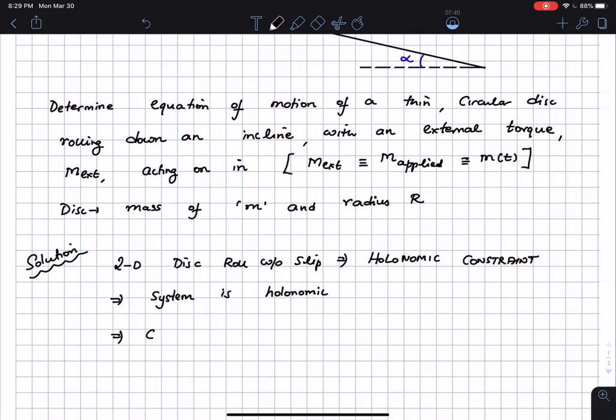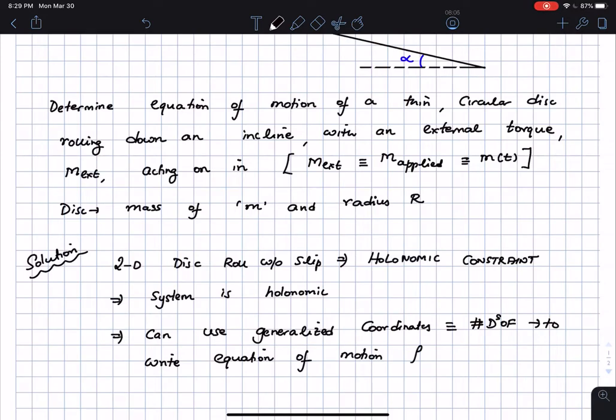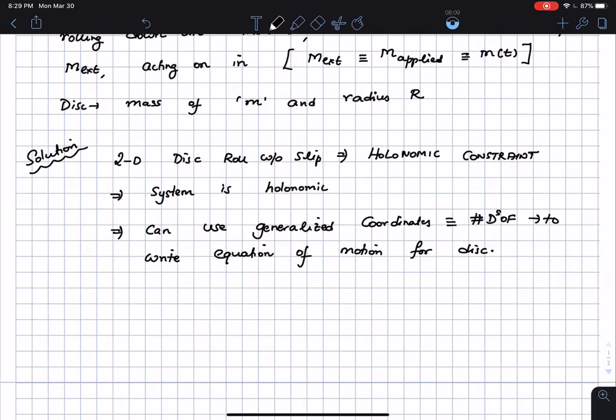And so we can use generalized coordinates, which is equal to the number of degrees of freedom, to write the equation of motion for the disk.